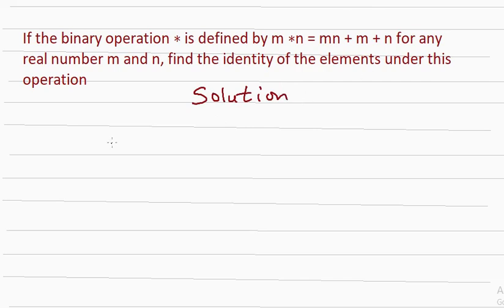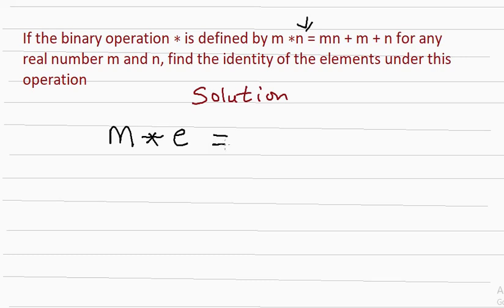If you want to find the identity element, all you need to do is replace the second variable in the operation, which is n, by the identity element. The symbol for identity element we use is e.